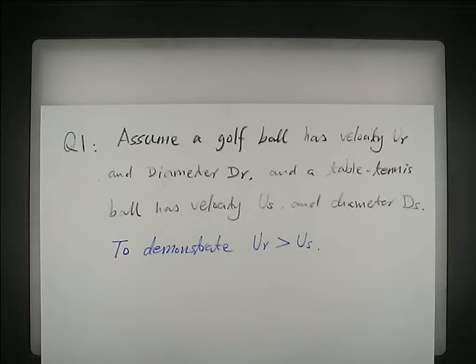X-axis is Reynolds number. Y-axis is Strouhal number. Because they both are functions of U and D, they have correlation with each other.